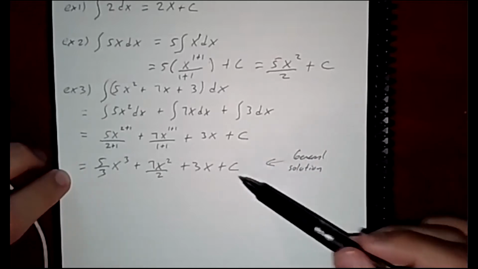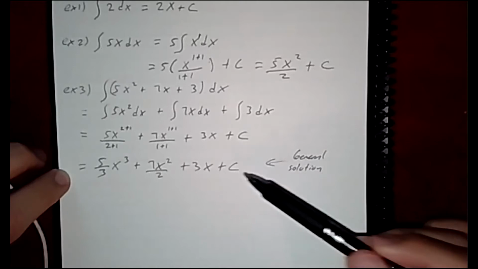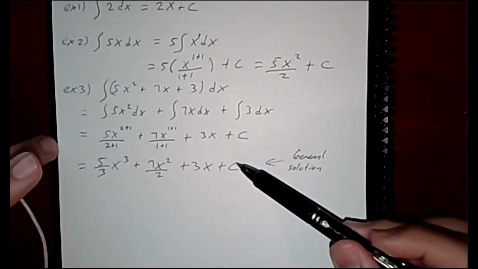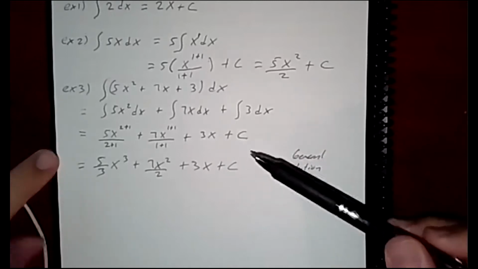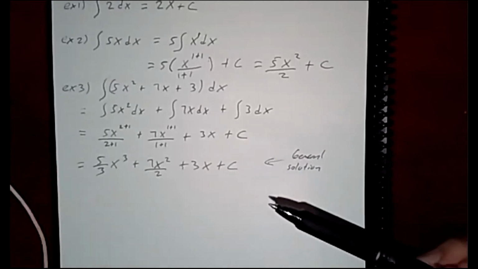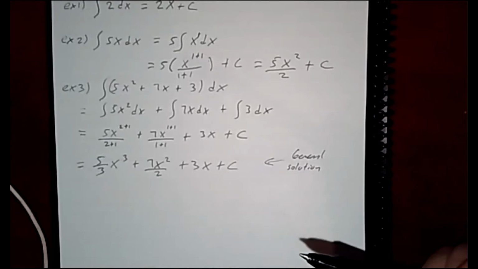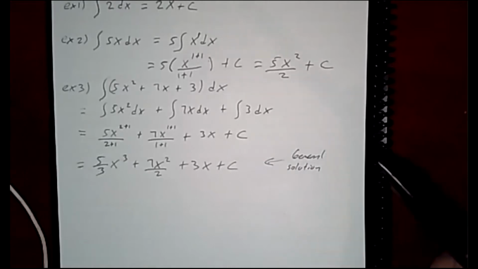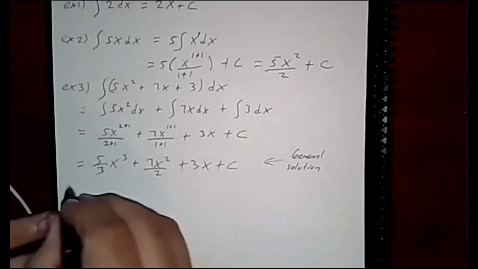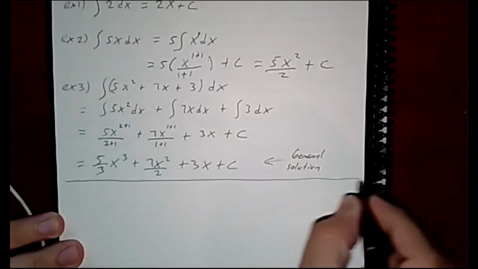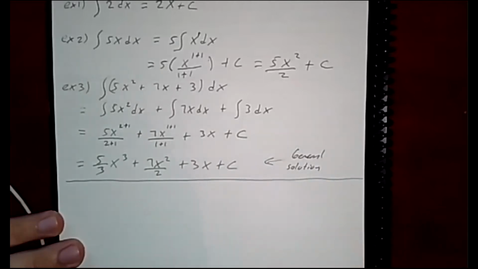So this could be like a temperature. So an initial temperature would be given, or initial pressure, then you'll do your calculations and solve for c. So you'll have a specific solution to the problem you're working on, which could be anything, right? So let's do one of those.